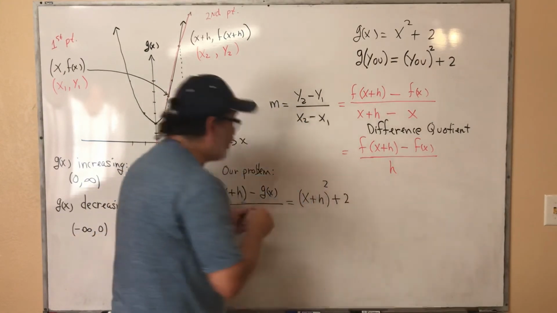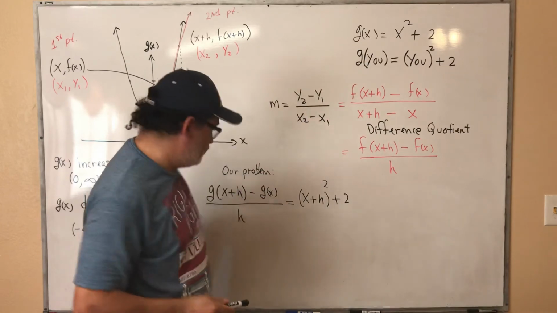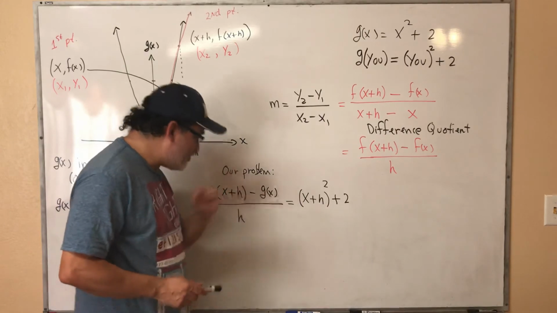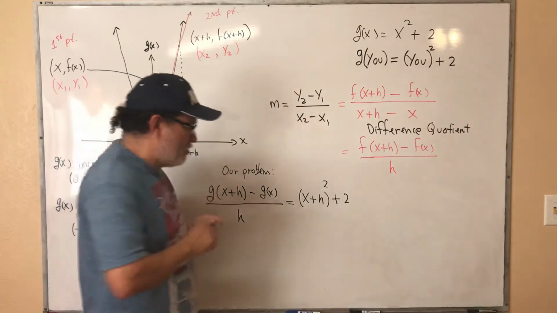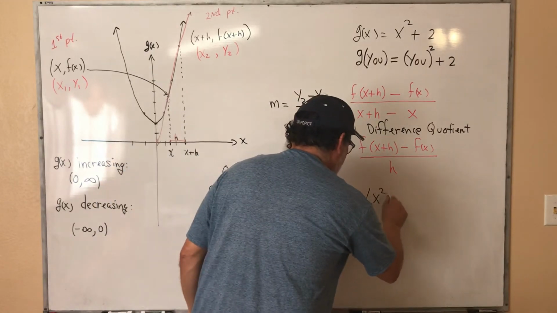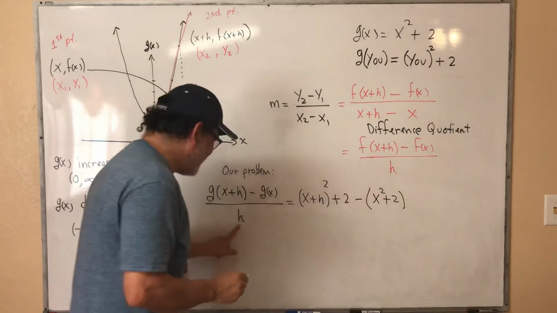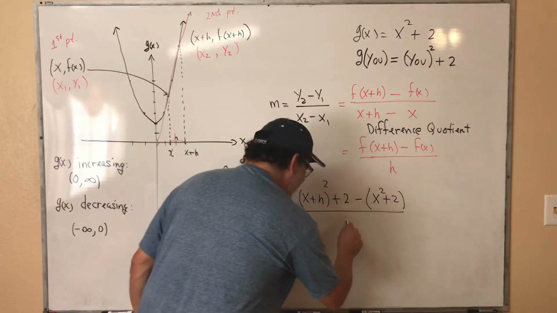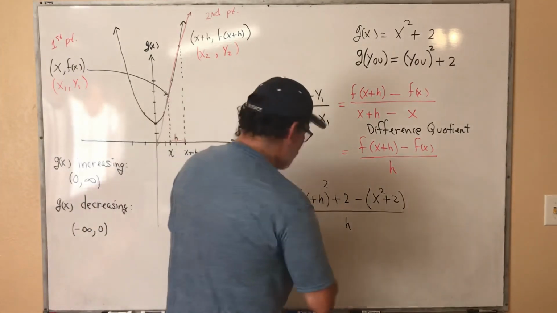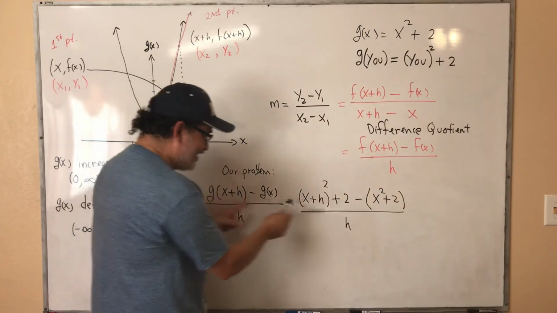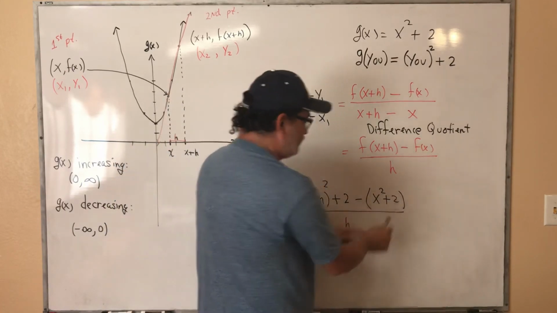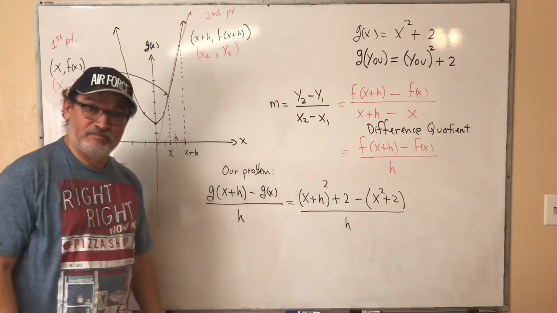Add 2. That's this part. Minus g of x. What is g of x? X squared plus 2. Divided by h. Note, good class, this is x squared plus 2, and it's subtraction.